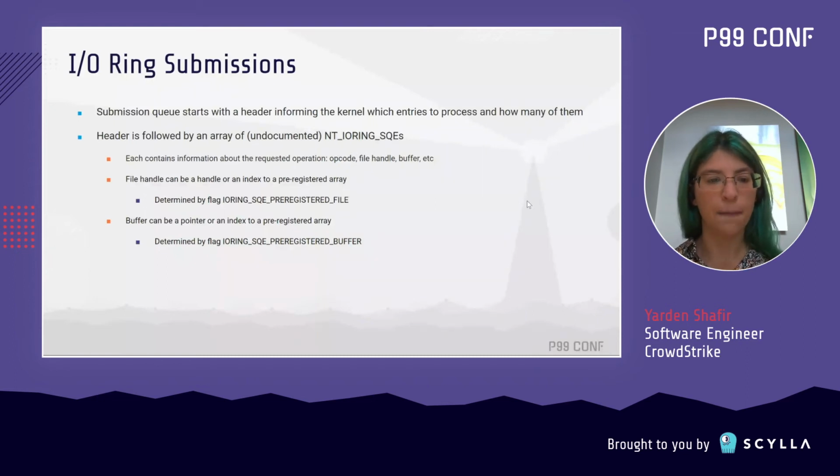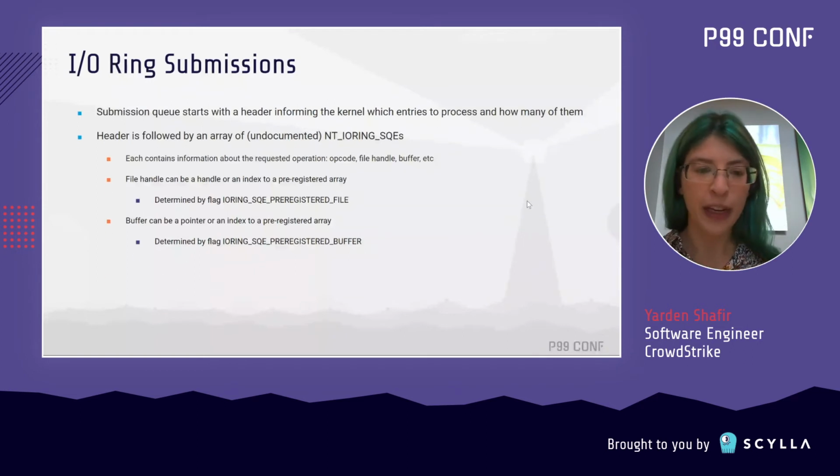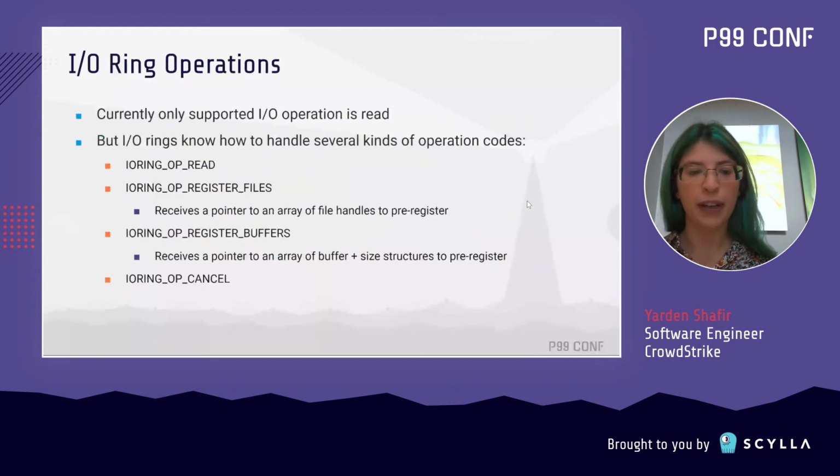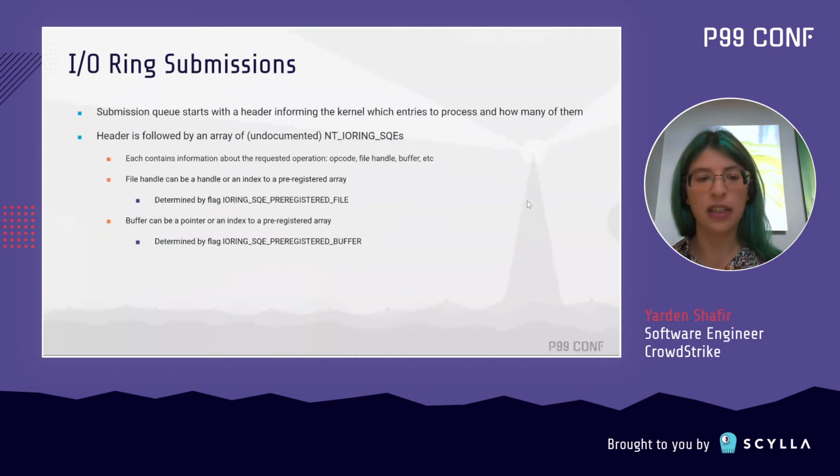When you submit the IO ring, the system is going to read the submission queue, that's made up of submission queue entries, SQEs. Each submission queue entry has an opcode, meaning are you going to read, pre-register files, buffers, or cancel an operation, and it has all the information that's needed.